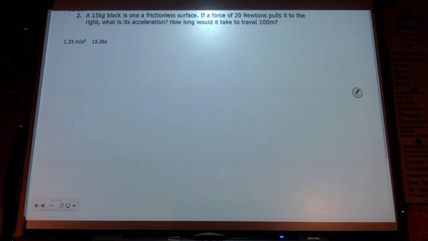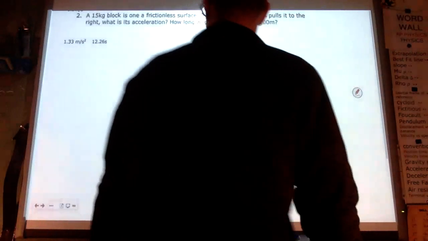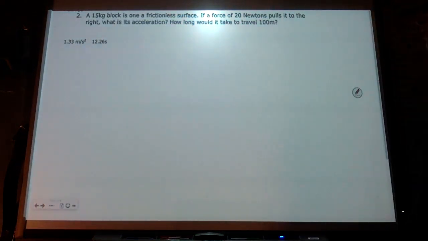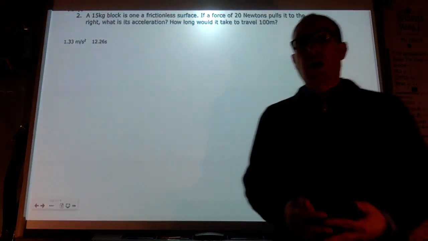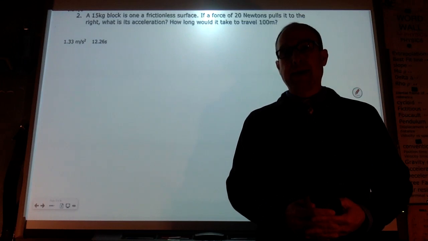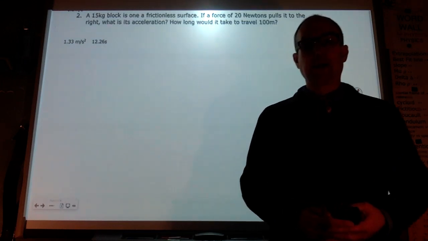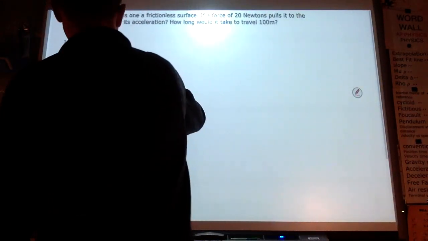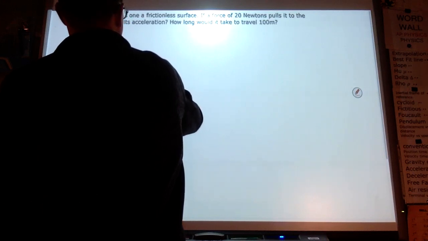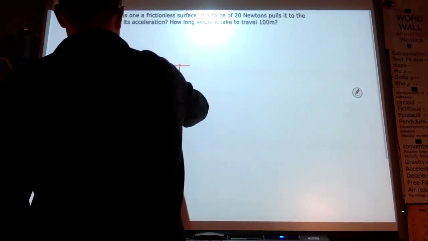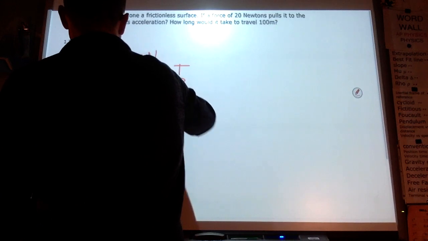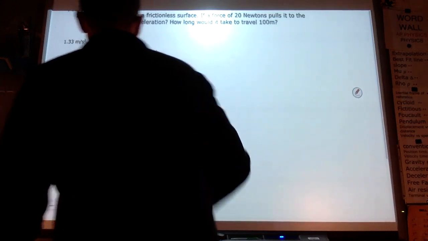A 15 kilogram block is on a frictionless surface. A force of 20 newtons pulls it to the right. What is its acceleration? How long would it take to travel 100 meters? All right, so now we're incorporating some kinematics after we find out what our acceleration is. So again, I'm going to start with my free body diagram. I have tension, I have a normal, I have a weight.